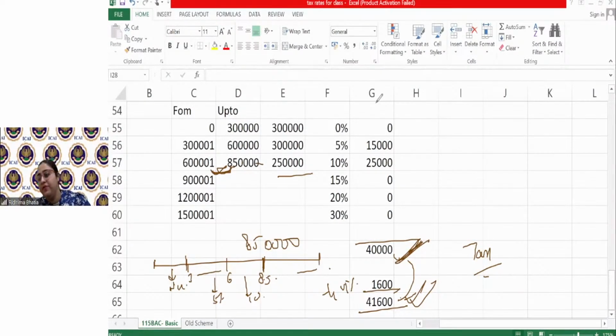So now quickly tell me, if my income is 22 lakhs, what is the tax? Quickly, if you have understood it, you have just 1 minute.